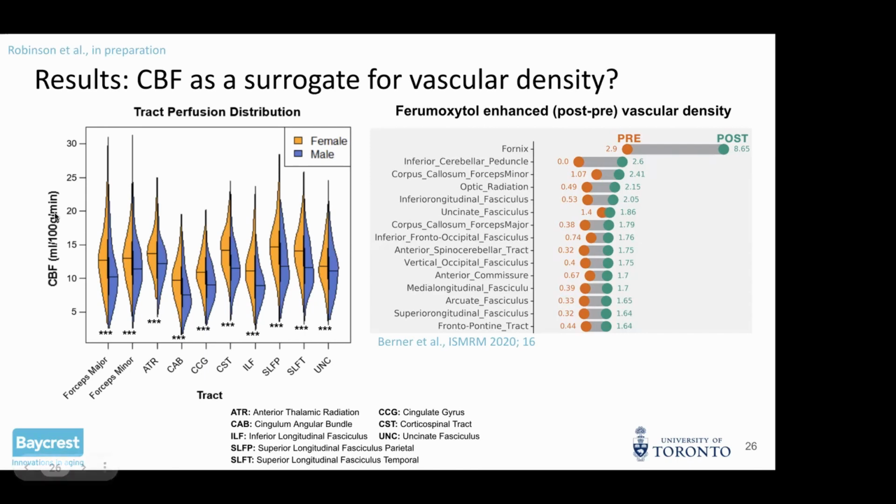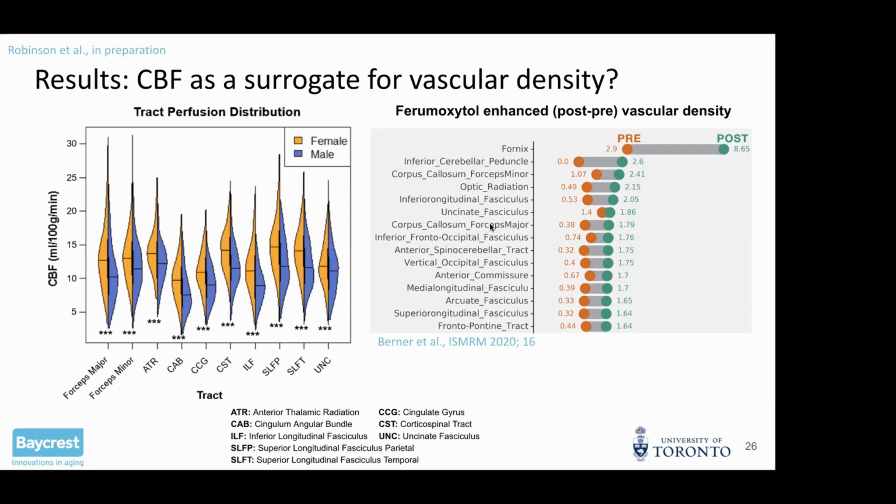On the left are our baseline blood flow results for our various white matter tracts. On the right side is a similar set of results, but using ferumoxytol-enhanced imaging to map out the vascular density. This is work from John Polimeni's lab, Michael Bernier, shown at ISMRM.